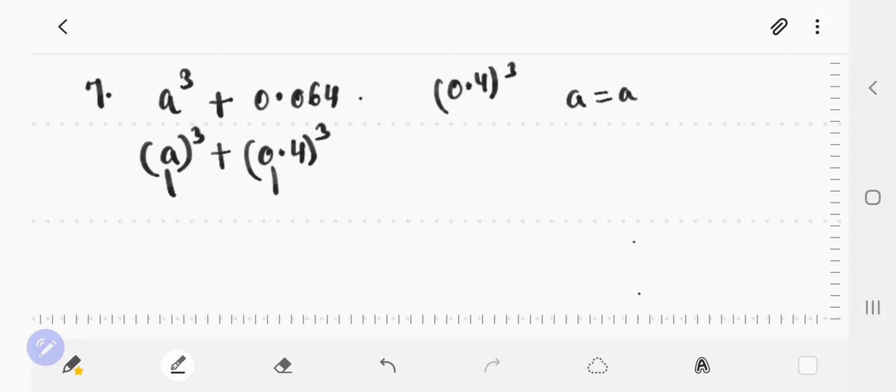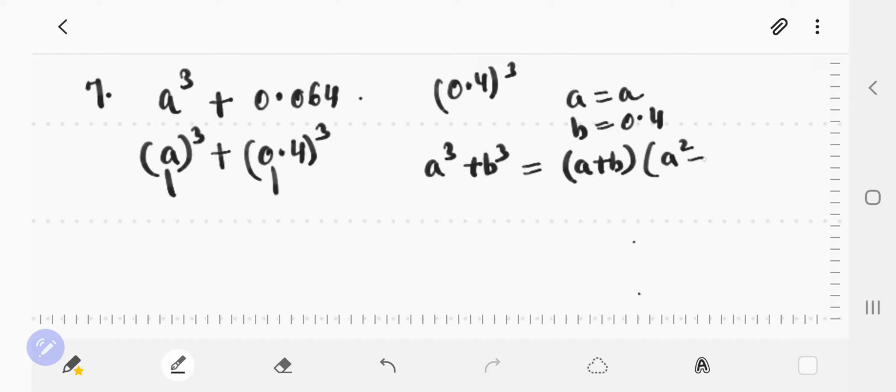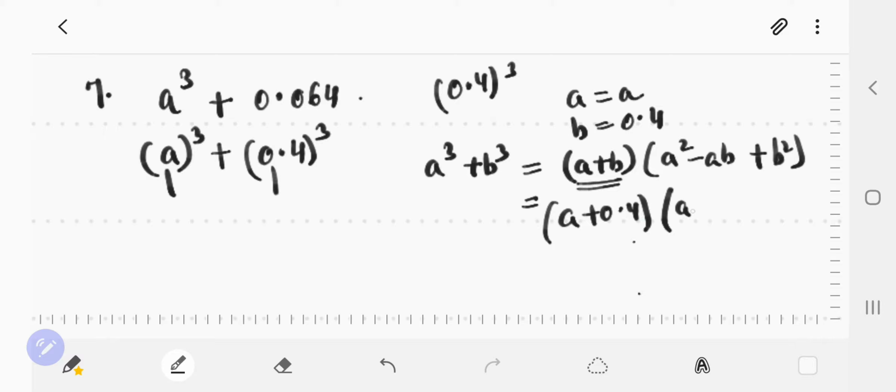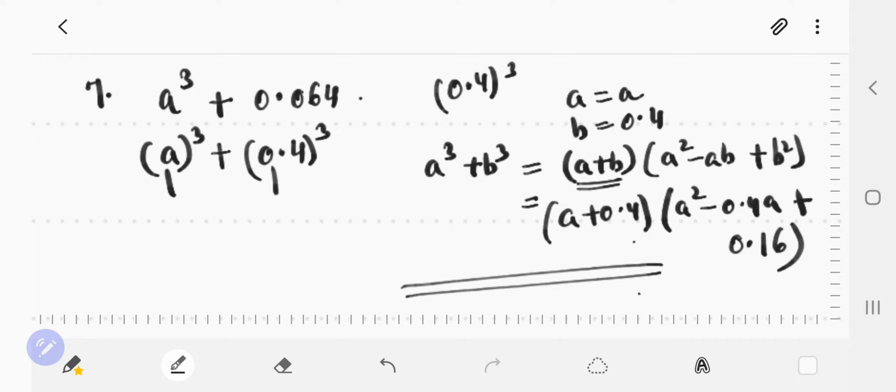So a is what? a, and b is what? 0.4. And which identity you have to apply? a cube plus b cube. What is the identity? a plus b in one bracket, a square minus ab plus b square. a plus b means a plus 0.4, and a square means the square of a, minus ab, 0.4 into a, plus b square, the square of 0.4, that is 0.16, and that's your answer.